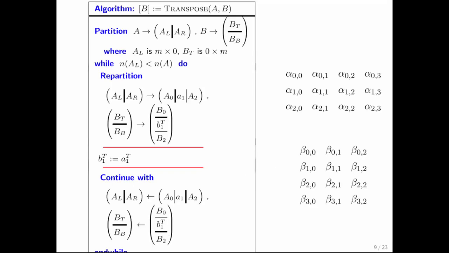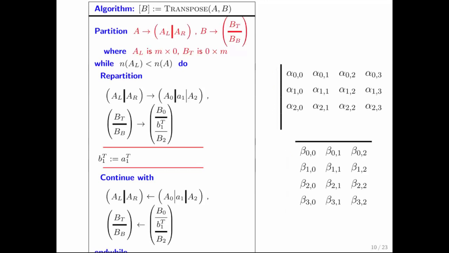Let's look at an algorithm that copies A into B, transposing it along the way. And we're using this notation with which hopefully you're starting to become familiar. Here on the right, we expose matrix A and matrix B for the specific example where A has 3 rows and B has 3 columns. Okay. Now, what happens?